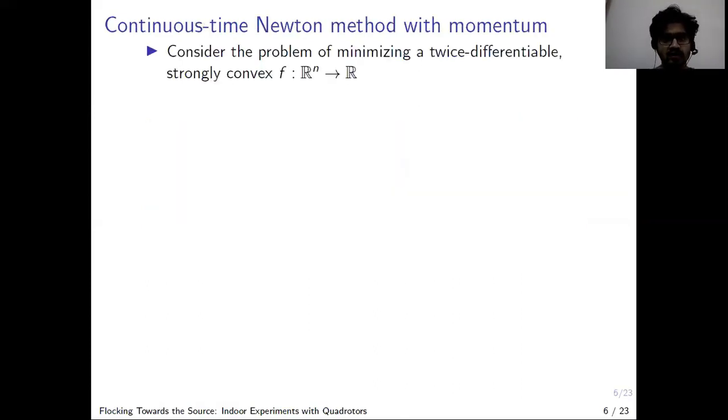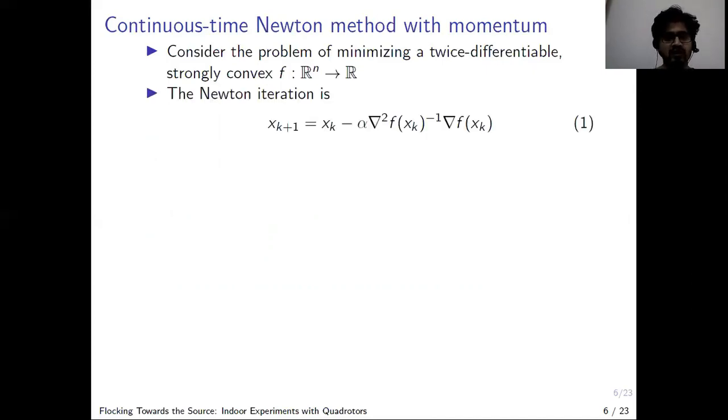Now let's make things concrete by considering the Newton method with momentum. We have an f which is strongly convex and twice differentiable, whose minimizer we seek. The standard Newton iteration is given by the expression in 1, where nabla squared f is the Hessian and nabla f is the gradient evaluated at instances xk.